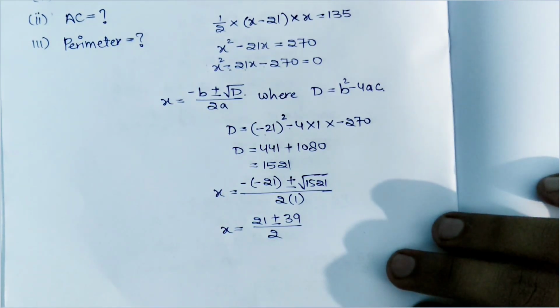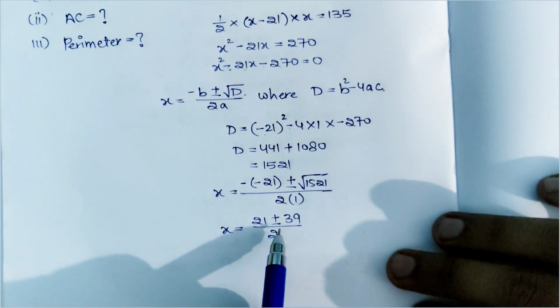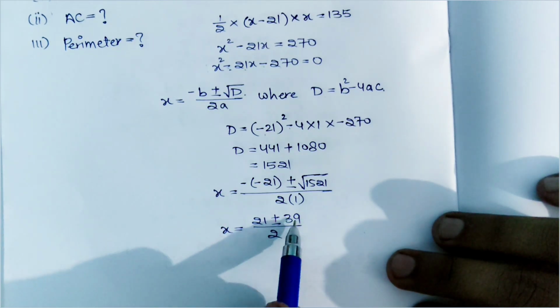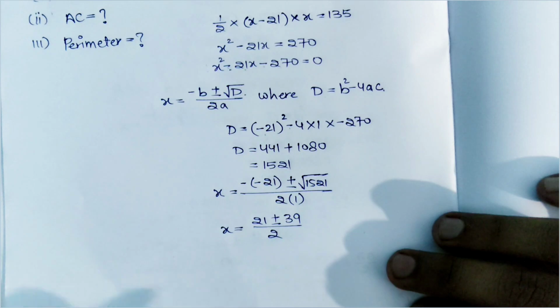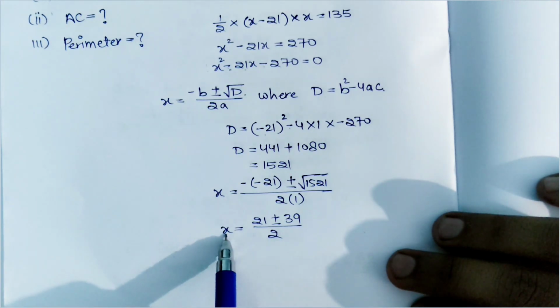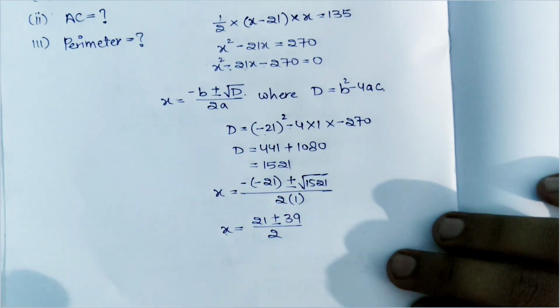Here is the interesting thing: you cannot take the negative case, because it will become 21 minus 39. Overall, you will get a negative value, and x is a length, and length cannot be negative. So this negative case is not possible and not considerable for us.